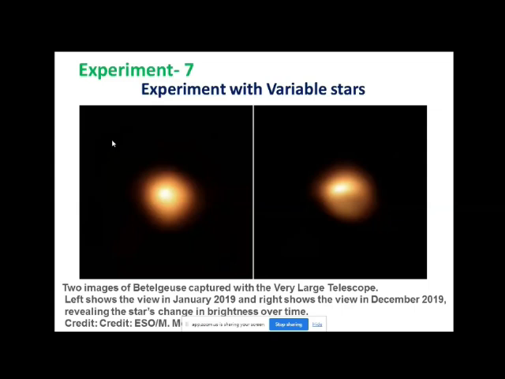Intrinsic means a true variable star, where there is a variation in brightness, and it takes more time, a few hundred years or a few hours. Many of the variable stars that change brightness in a few hours are not truly variable stars, they are eclipsing binary stars.